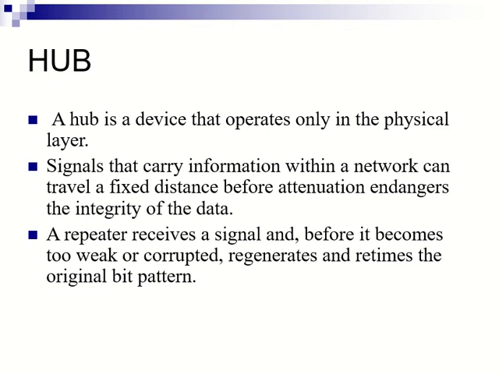So the hub or a repeater receives a signal, and before it becomes too weak or corrupted, it regenerates the original bit pattern and forwards the frame or the signal. Hubs and repeaters do not check the link layer address of a received frame. Their work is just to regenerate the signal.